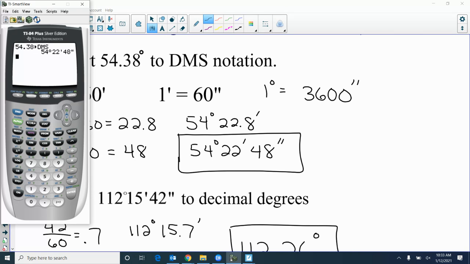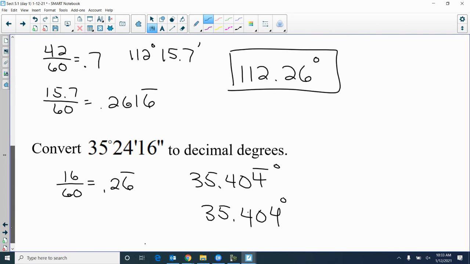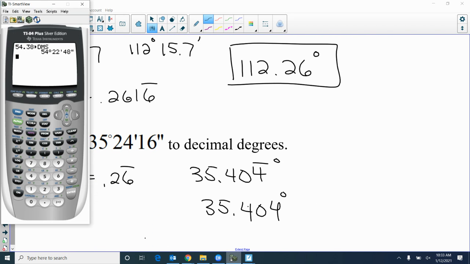If I do that last one, here's how you have to do this. 35 degrees, so hit 35, second angle, degrees. 24, second angle, minutes. Now, seconds, I have absolutely no idea why, but the seconds are where the plus sign is in green.